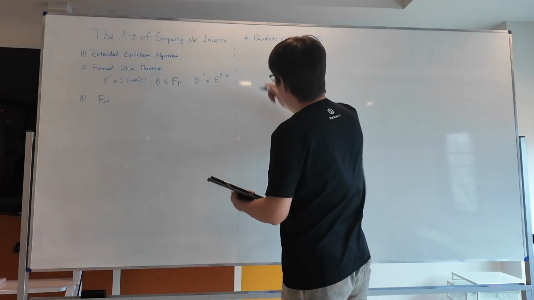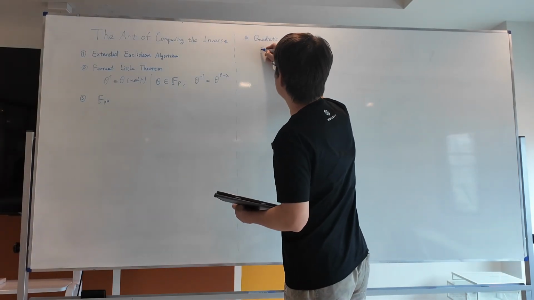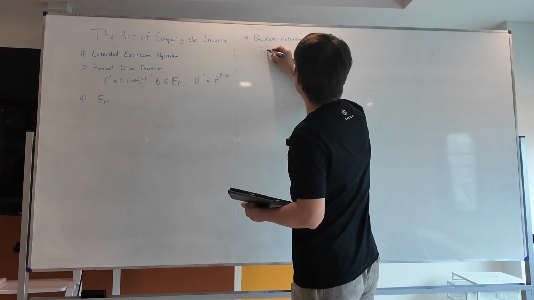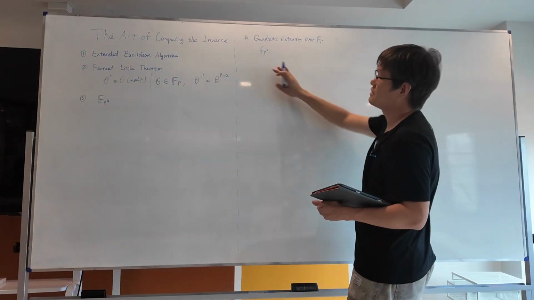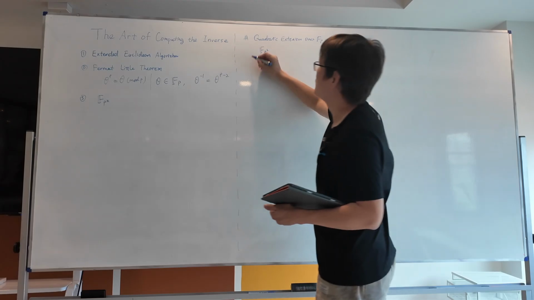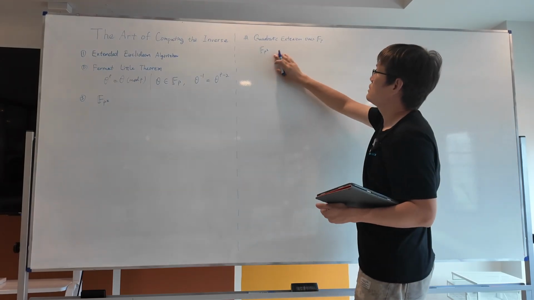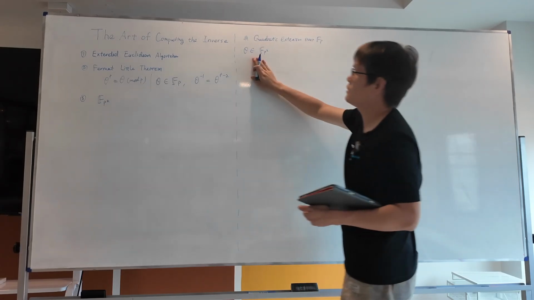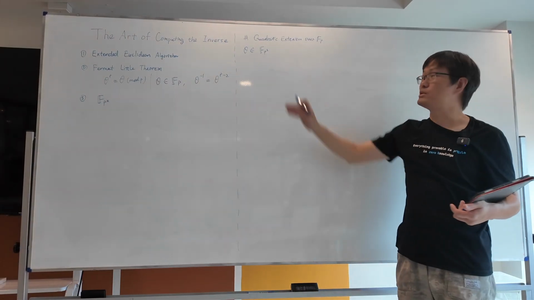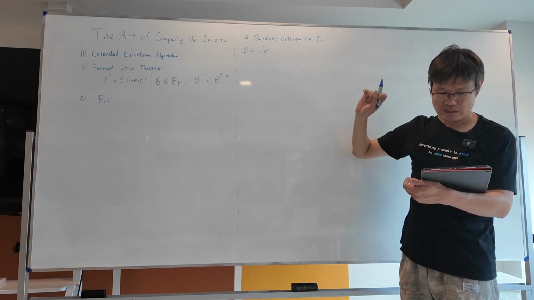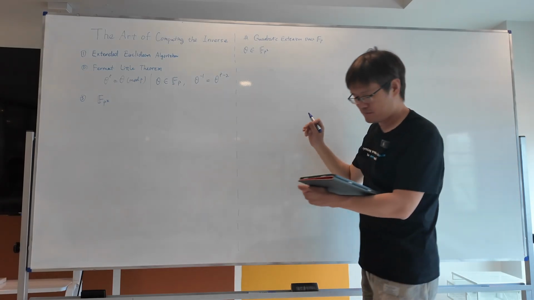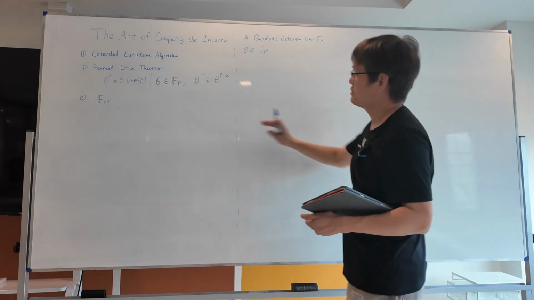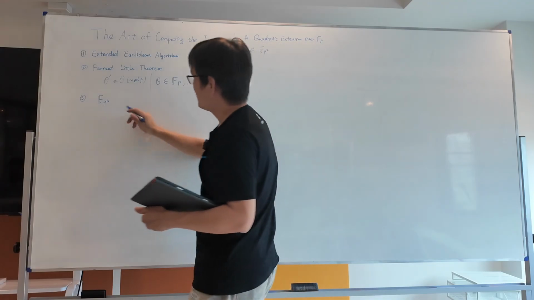Then we can write this as F_p squared. For example, we have some element theta from F_p squared.